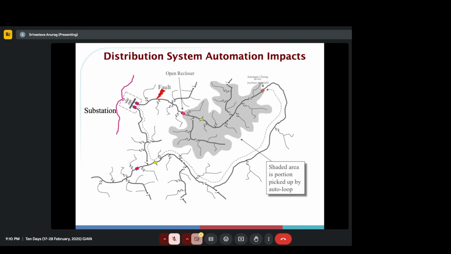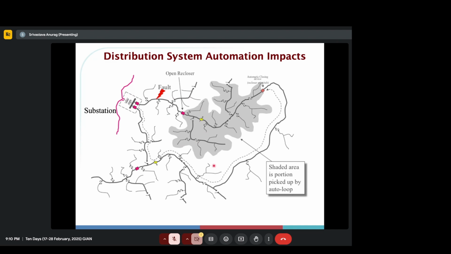As soon as the fault happens here, this will open, so this part is out of power. Now, if you reclose this, then the power will be fed through this path, and this whole gray area will be picked up through this path because it was out from this path.